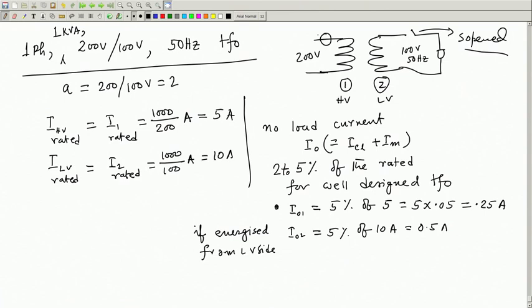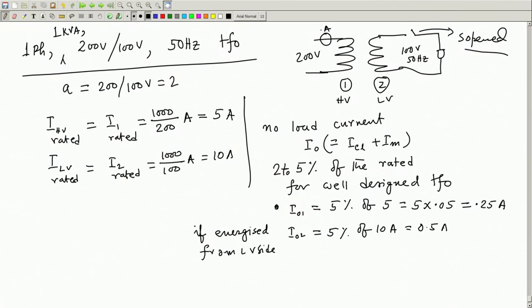Do not connect a 0 to 30 ampere range ammeter to record a current of 0.25 ampere. So, I can decide upon the range of the ammeter if I know this information, that the no load current is of the order of a few percent.